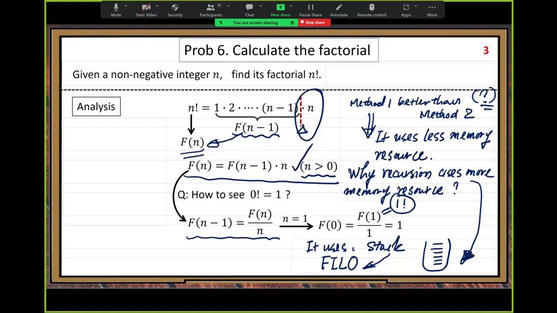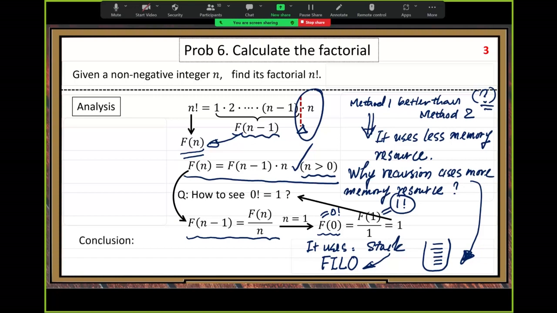But the left-hand side, f of 0, based on our original function definition, is 0 factorial. So that means 0 factorial equals 1. In this way you can see it is correct.